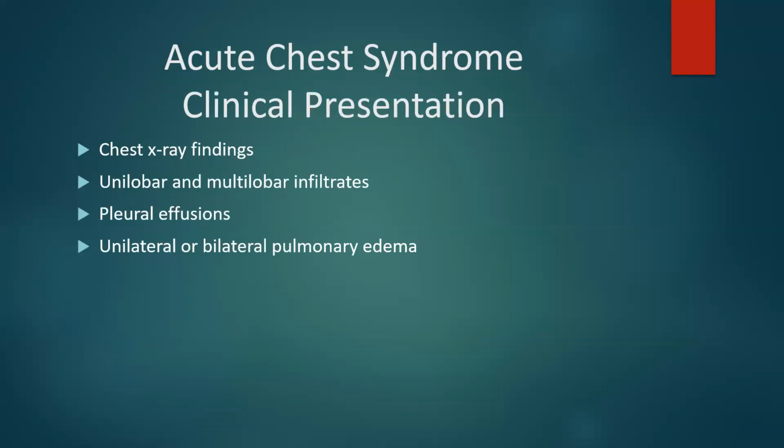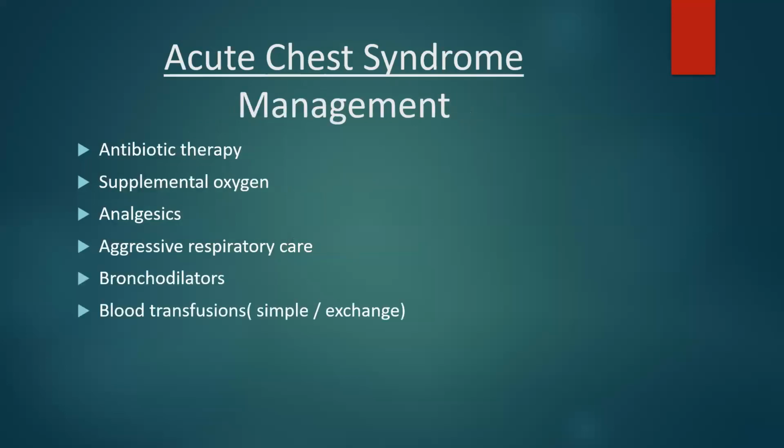The infiltrate may be unilobar or multilobar. Pleural effusion may also be picked up on the chest X-ray. We shouldn't forget that on auscultation, we might also pick up fine crepitations, which may denote pulmonary edema.